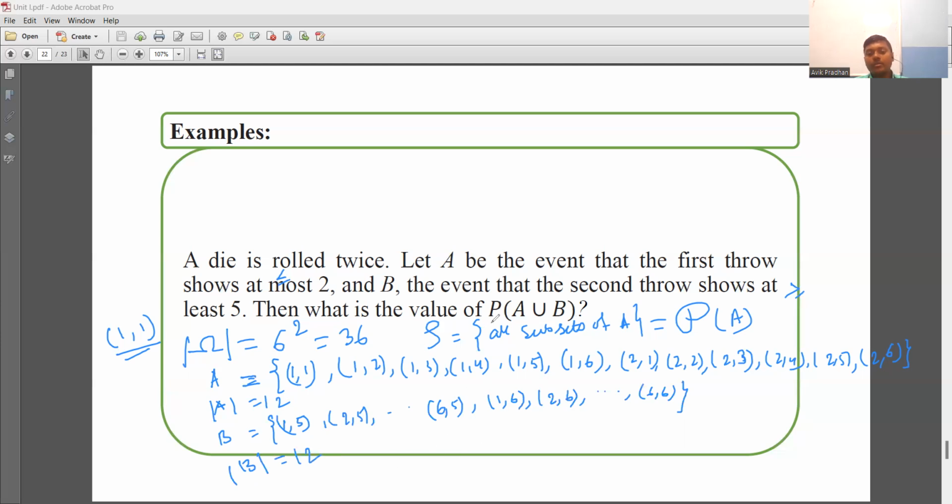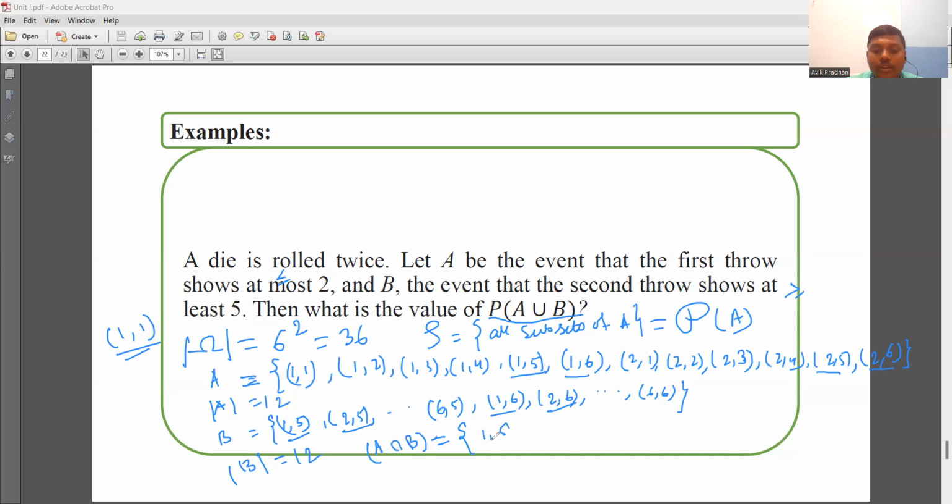Now, if I want to find the probability of A union B, I need to find what are the elements of A intersection B. Now, let us check what are the elements of A intersection B. We can observe that 1 5 is an element which is common in A and B, and we have 1 6 here, 2 5 here, they are common, and 2 6 are there.